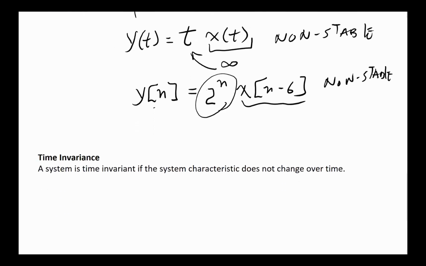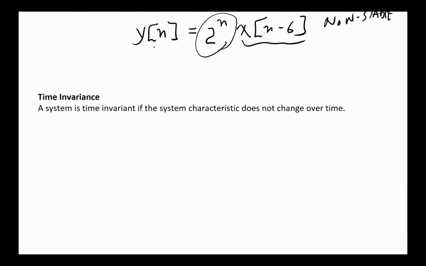Okay. Time variance is kind of interesting in that it's basically saying my system will behave the same whether I'm using it now or sometime later. The best way to think of that is, I take my x of t, put it in my system, and get y1 of t, and then I shift this by t0 to get y1 of t minus t0.